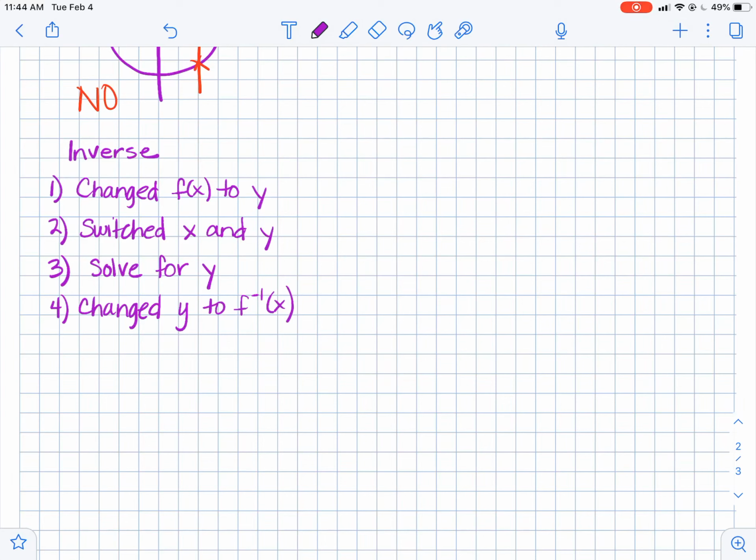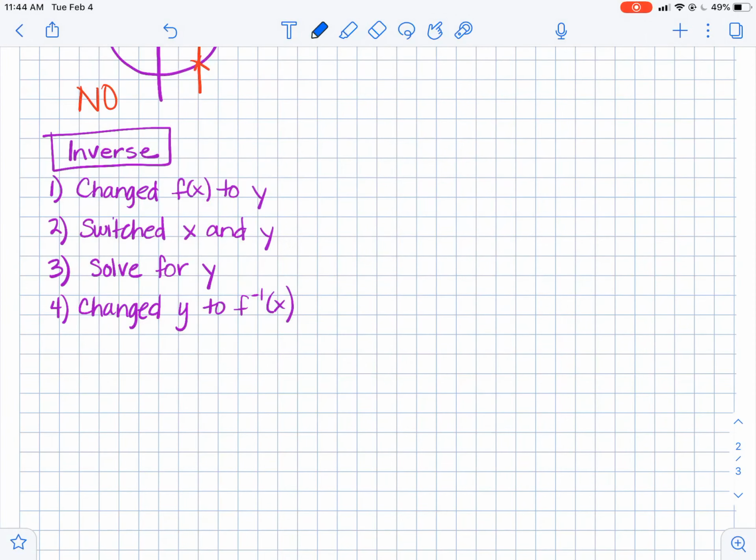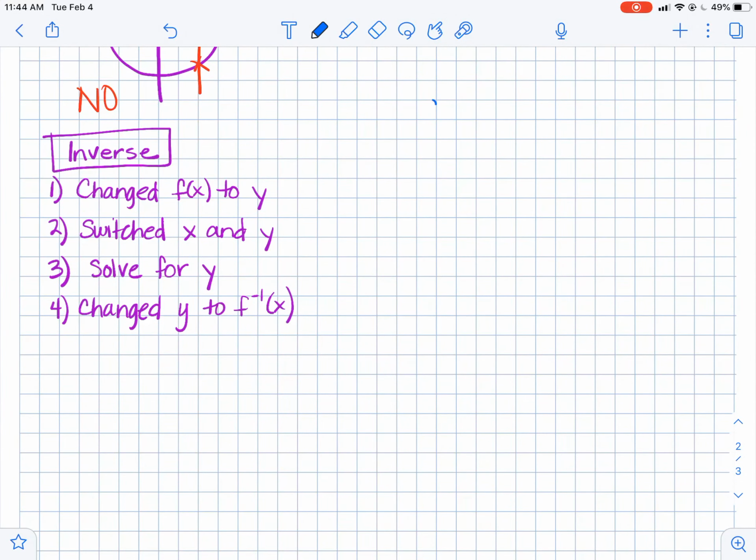So those are our steps that we do to find the inverse. Okay, so I'm going to give you an example real quick. So if I have f of x equals 2x minus 3, and I'm going to run through these steps. So again, my first step is to take f of x and change it to y.